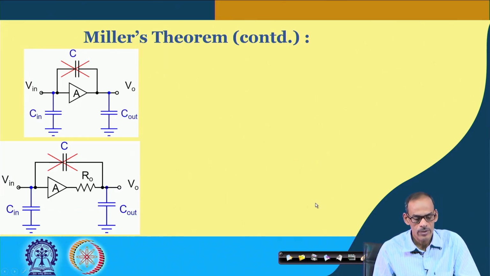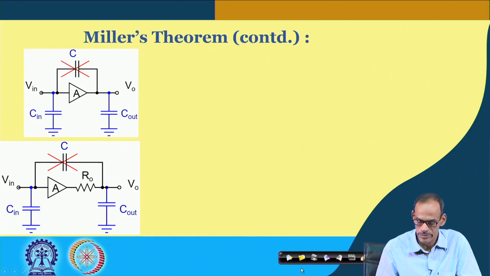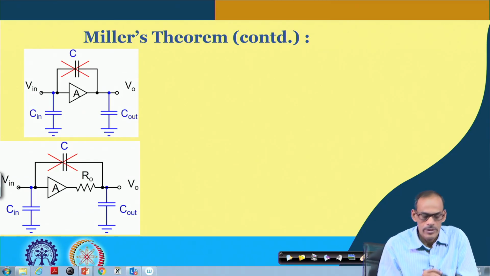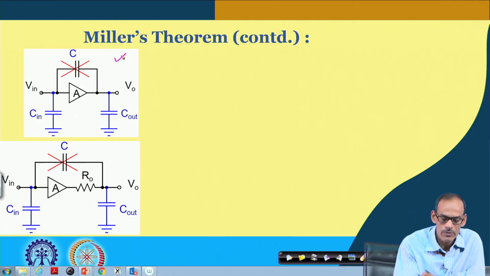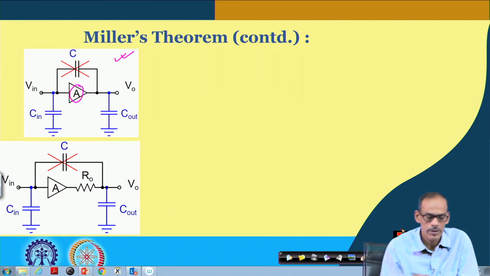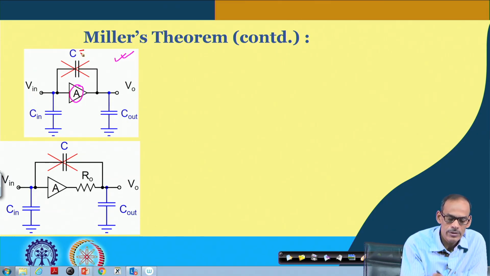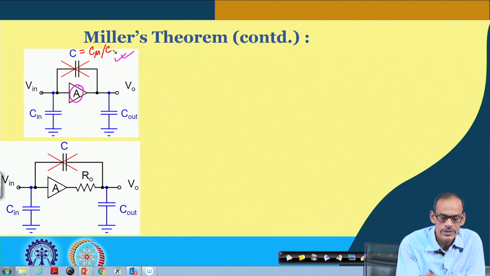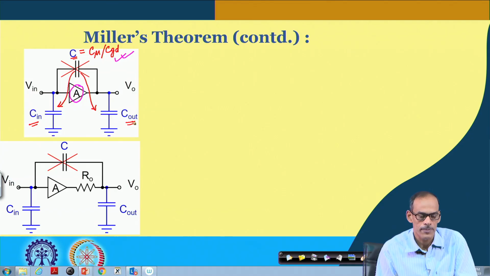So, here we have the circuit of our discussion, namely this amplifier with gain A, and this C, which may be C mu or CGD, let us call it C. This capacitor can be replaced by its equivalent two parts, one for the input port, another for the output port.